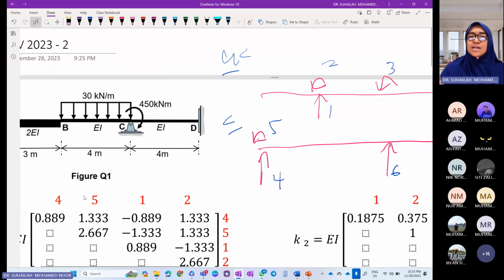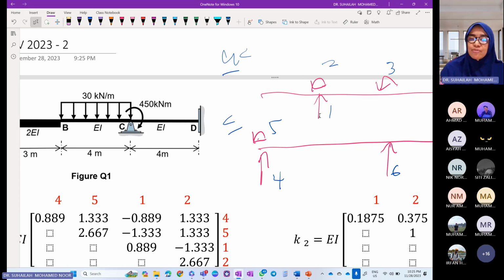D1 is the vertical deflection at B. Because 1 and 2 are actually at position B, 1 is the Y component, so D1 means vertical deflection at B.